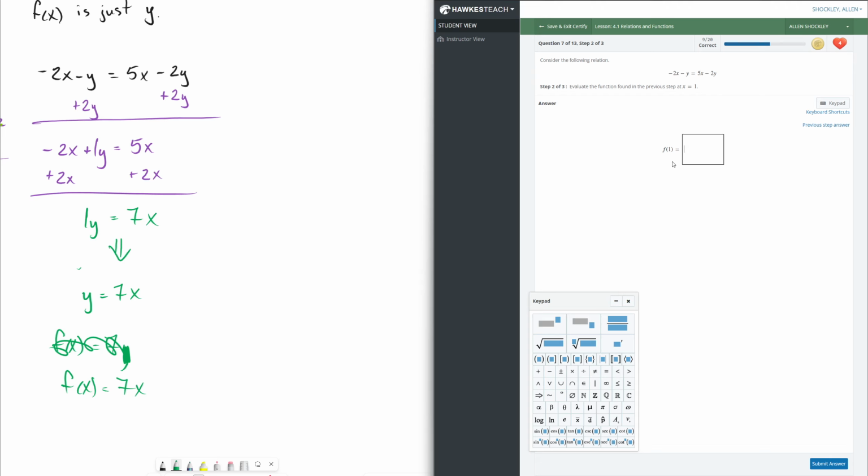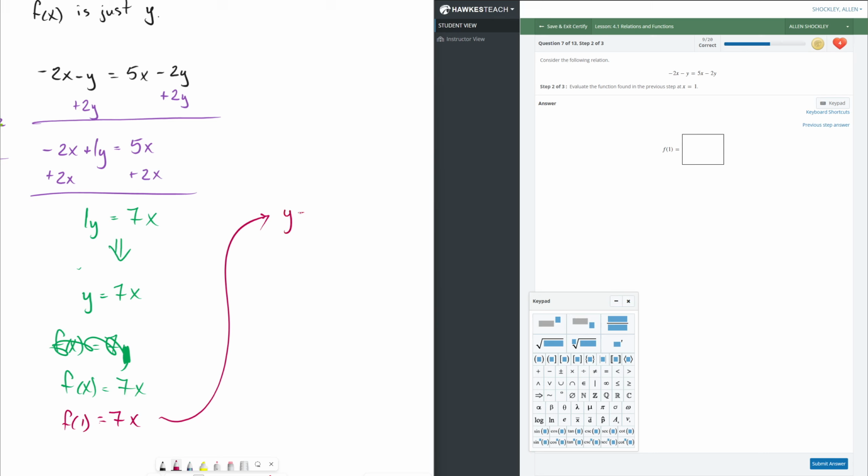Then it wants us to actually do something. Again, you can click on this previous step. If you get the previous one wrong, you can still get this one right by doing that previous step answer, at least on Certify. And all they want is for us to say x equals 1. So here they want to say f of 1 equals 7x.